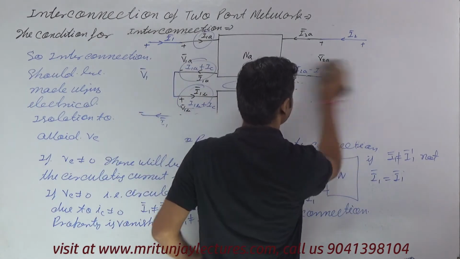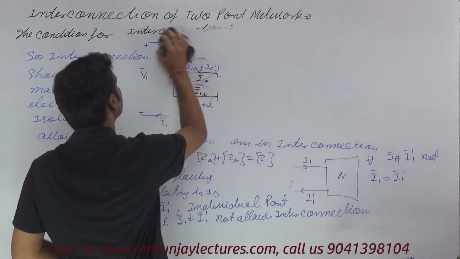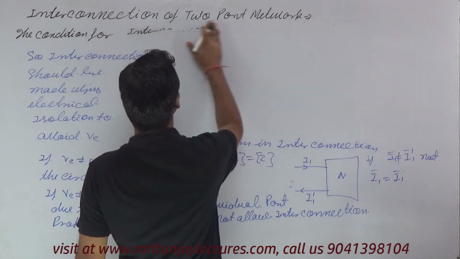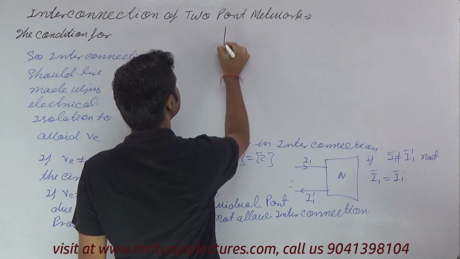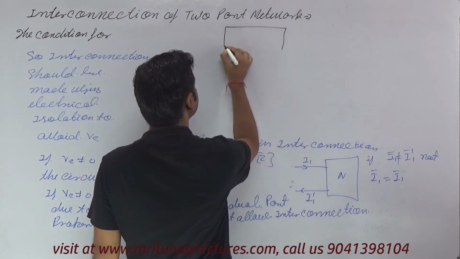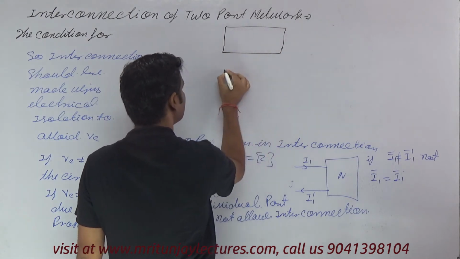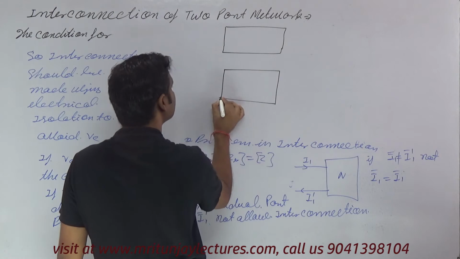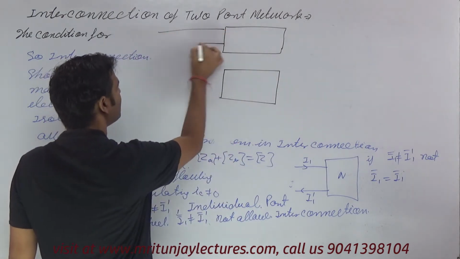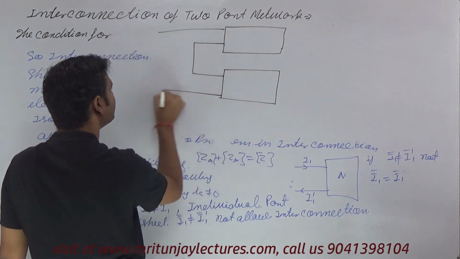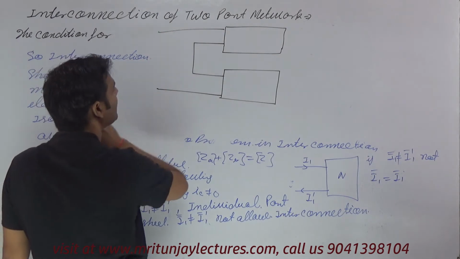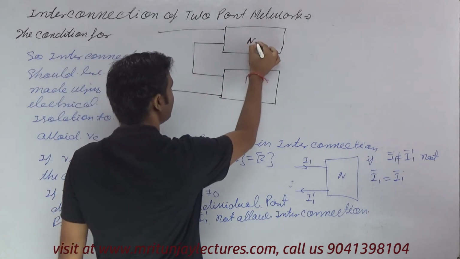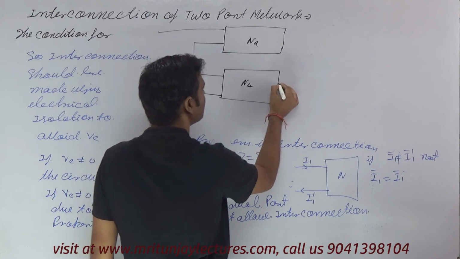So first of all, now again this one and this one. If you want this type of connection again, that is NA, here NB.